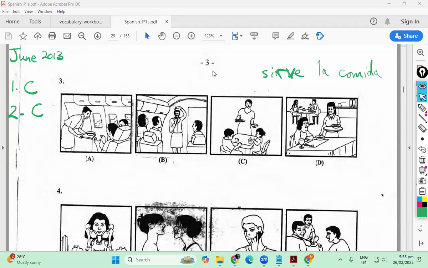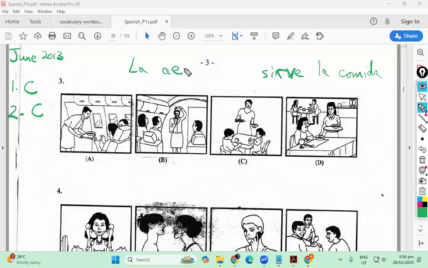So if you know the sound goes with airport, then probably what is an aeromoza? Air hostess. Yeah. Right? So what is the answer?